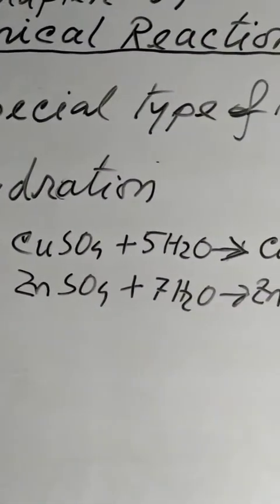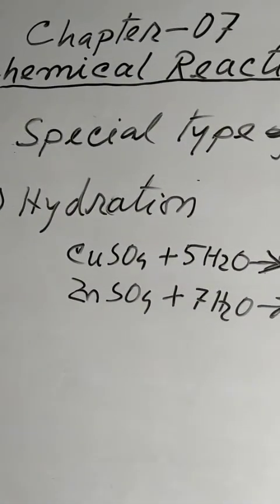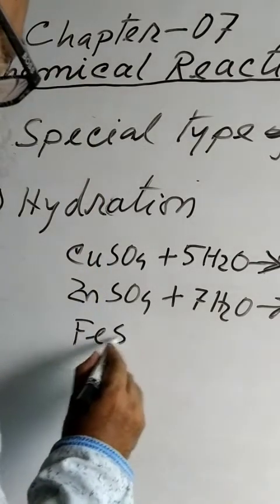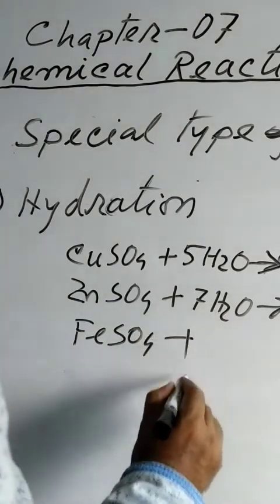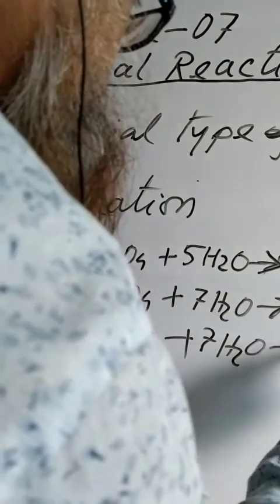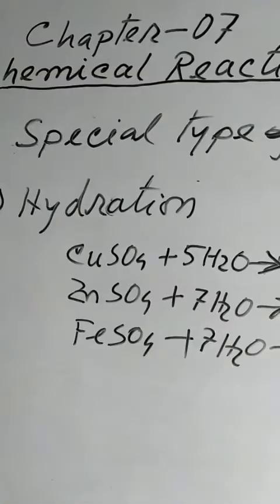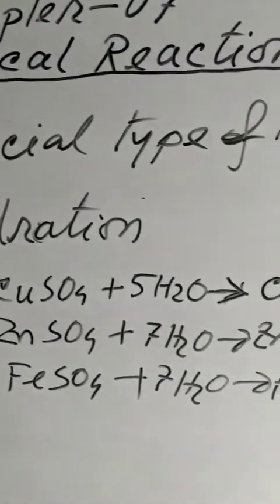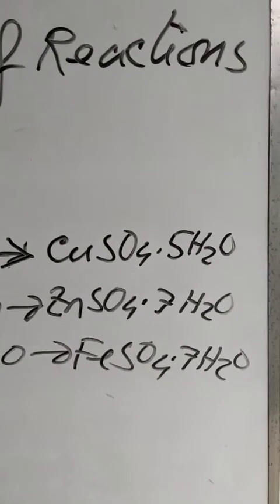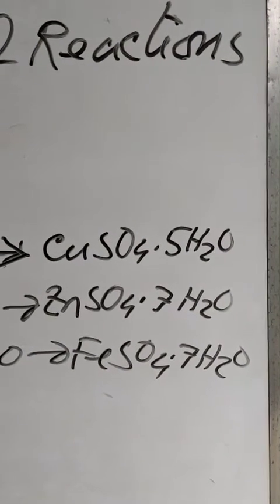In this way, varieties of examples I can write. Another one is ferrous sulfate plus 7 molecules of water produces ferrous sulfate crystal lattice with 7 molecules of water.